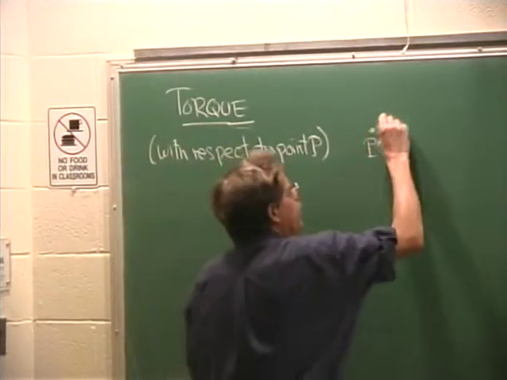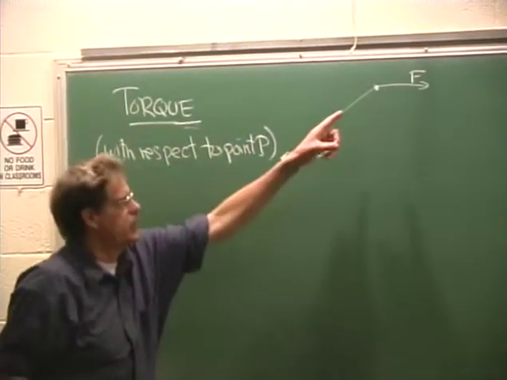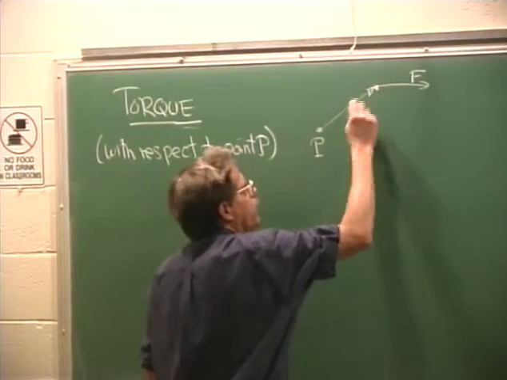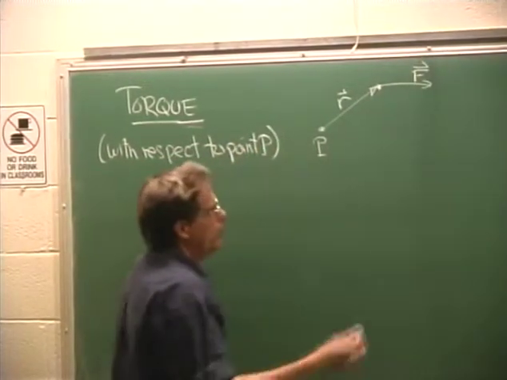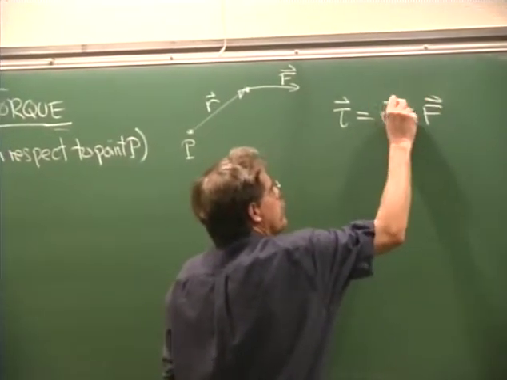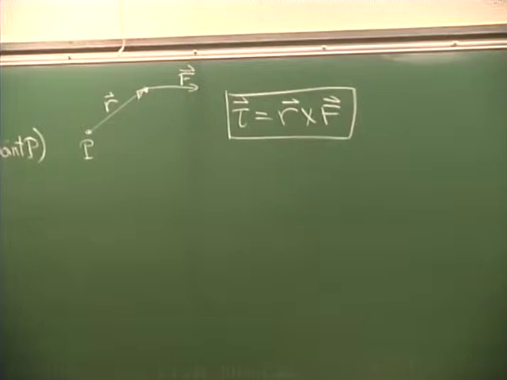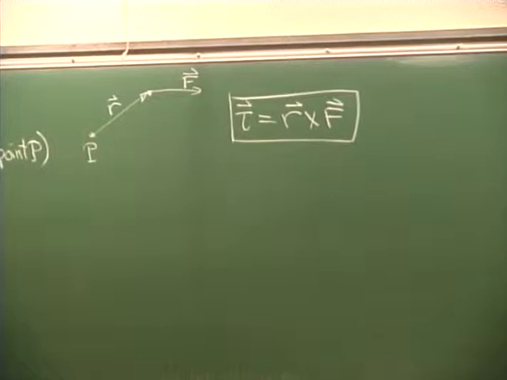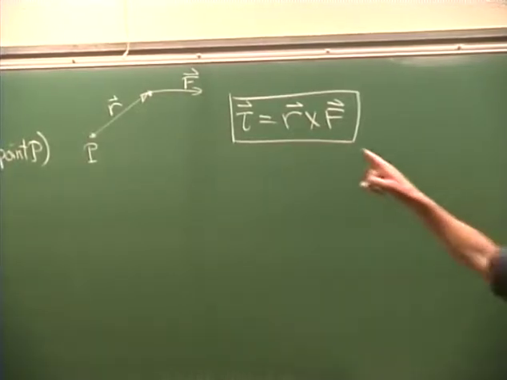With respect to a point P, if I have a force acting out here, maybe one of those B's is situated at this point, at a vector R from the origin, and a force is acting on it at that point, then the torque is equal to R cross F, the cross product of the vector from the point about which you're calculating the torques out to the place where the force is applied. That cross product, if you work it out, exactly reproduces force times lever arm, the old definition that we had started with. But it also assigns a direction to the torque.